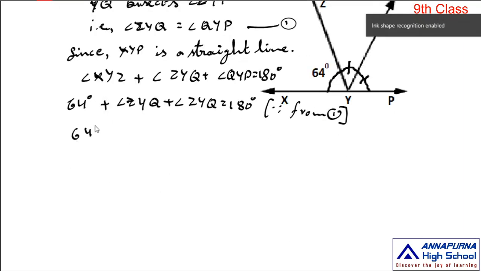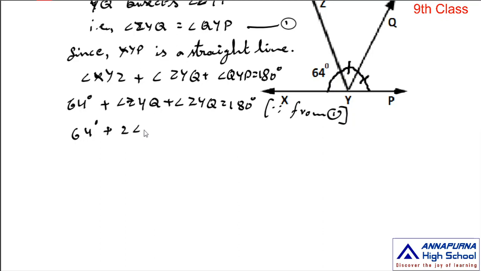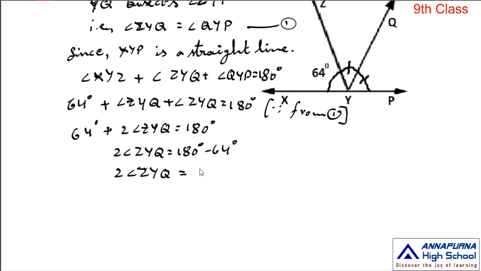64 degrees plus 2 into angle ZYQ is equal to 180 degrees. 2 into angle ZYQ is equal to 180 degrees minus 64 degrees. 2 into angle ZYQ is equal to 116 degrees. Angle ZYQ is equal to 116 degrees by 2, that is 58 degrees.